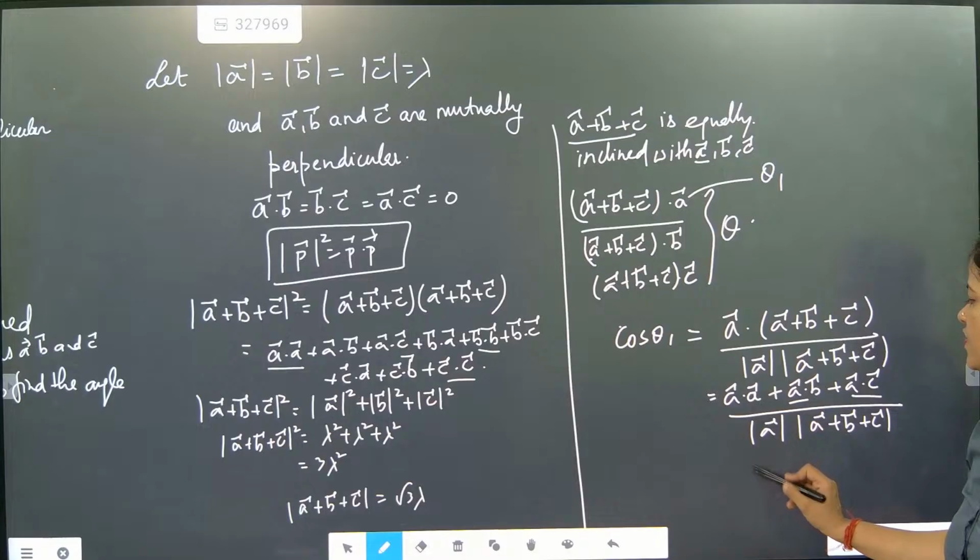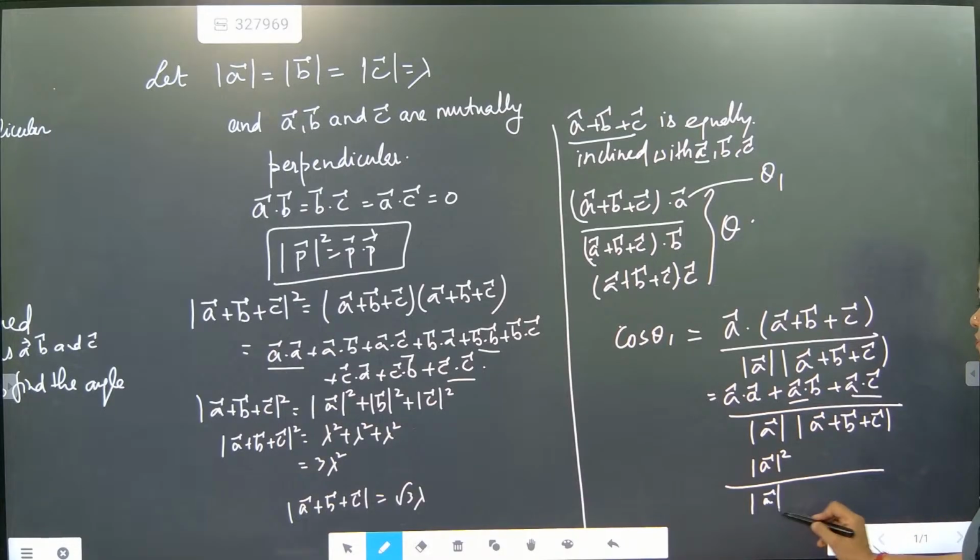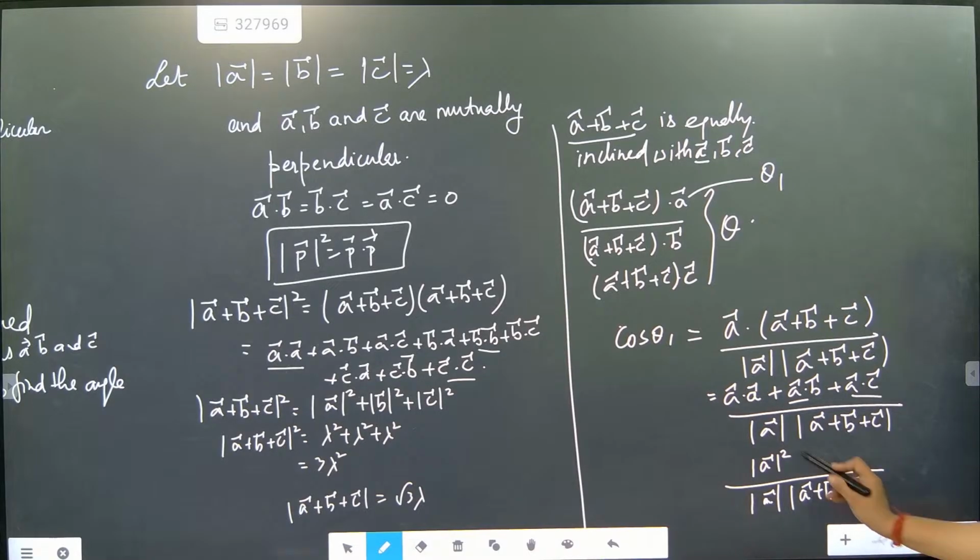Now the magnitude of this one will become magnitude of A vector whole square by magnitude of A vector. Now magnitude of A vector plus magnitude of B vector plus magnitude of C vector. Done? So the square and that magnitude part will get cancelled. So A vector magnitude by this part is coming. Done?